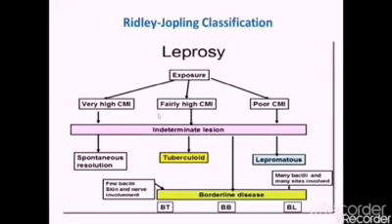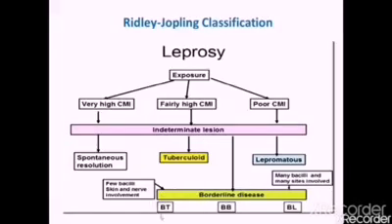If the cell-mediated immunity is fairly high, there can be tuberculoid form of leprosy. If it is poor cell-mediated immunity, there is lepromatous form of leprosy. If the cell-mediated immunity is in between tuberculoid and lepromatous leprosy, we have another category which is borderline disease.